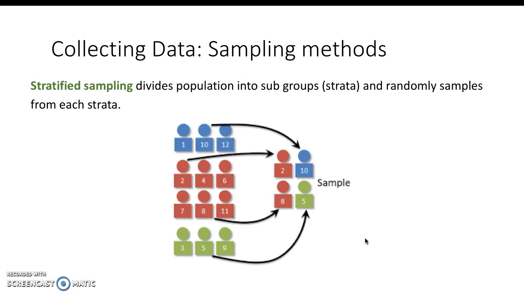So if I were to divide the online statistics class into strata, I might choose to divide it by year in college, so that every strata shared the characteristic of which year in college. All right, so it kind of shows that in the figure as well, where the members of each strata share a color. Then we sample randomly from each of those strata, so all of the strata are represented in the sample.